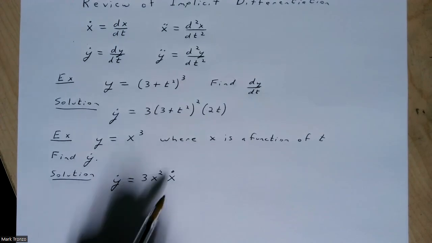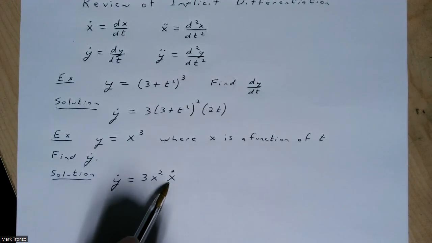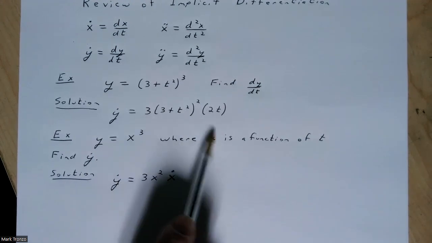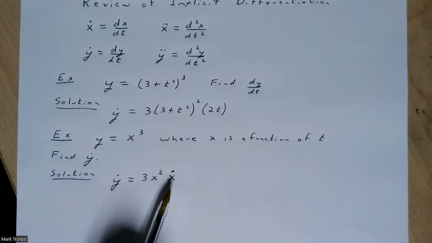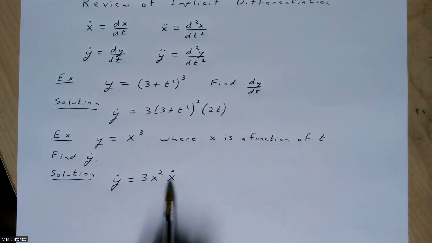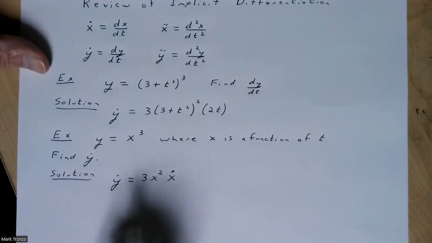Before, we knew what that function was and could write it explicitly. Now we have to do it implicitly. Again, we do that because x is a function of t. If this was just the usual x, we wouldn't have to do that. So keep that in mind.